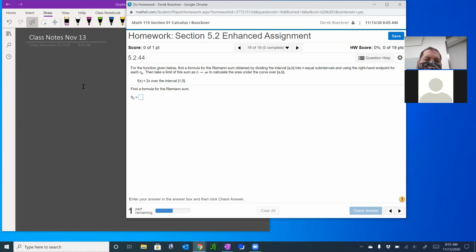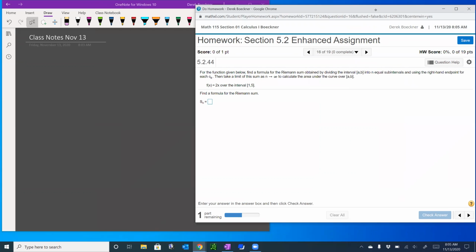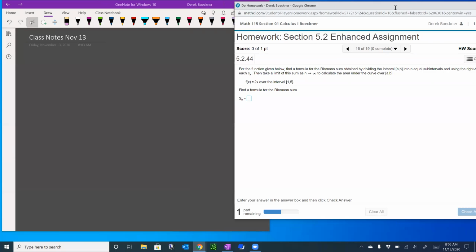Okay, so draw our pictures. These are right-hand endpoints for each of the evaluation values.